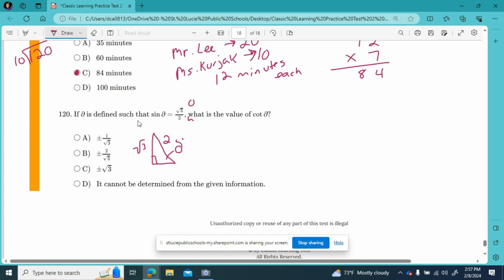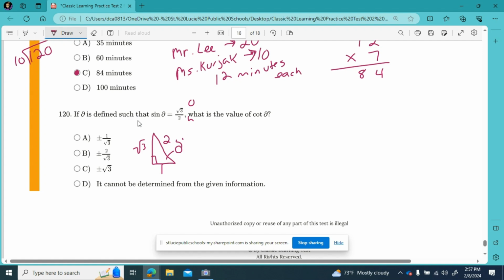And if you look on your reference sheet for right triangles, you can see those two numbers, square root of 3 and 2, on a 30, 60, 90 degree triangle. So we know the ratios that the hypotenuse is 2 and the legs are square root of 3 and 1.